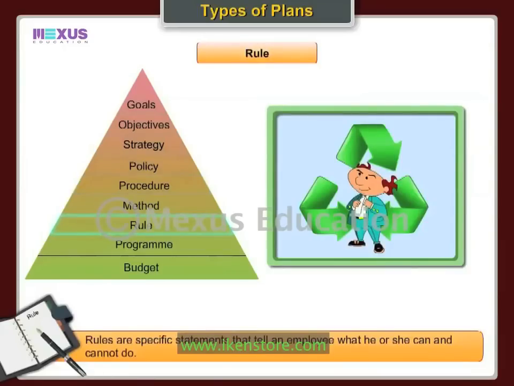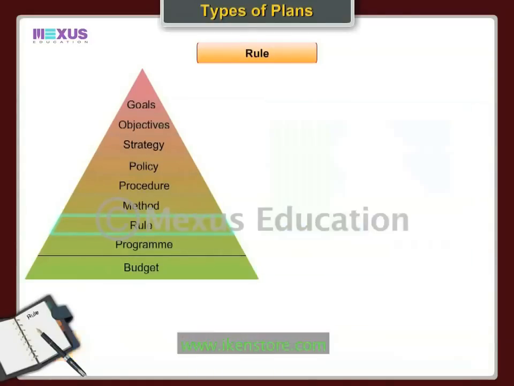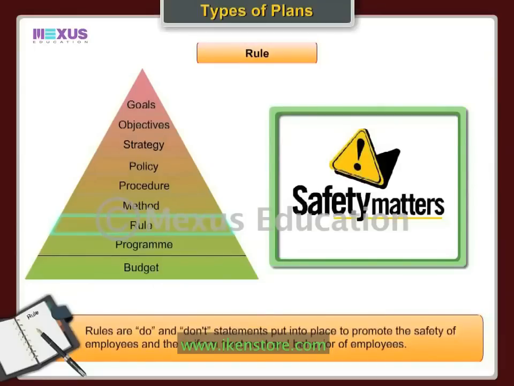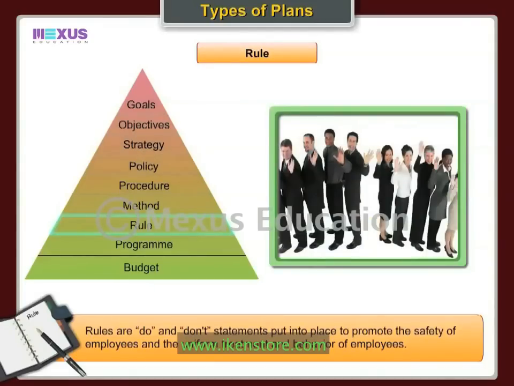Rules. Rules are specific statements that tell an employee what he or she can and cannot do. Rules are do and don't statements put into place to promote the safety of employees and the uniform treatment and behavior of employees.